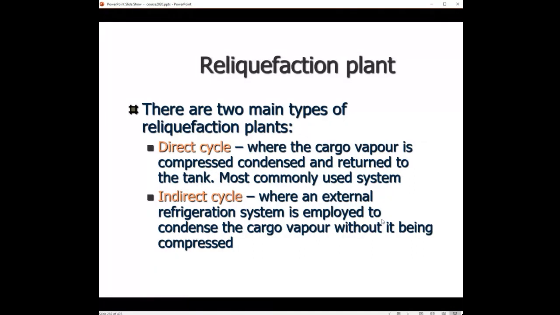Why this distinction between these two different circuits? Not every cargo is allowed for compression or for increase of temperature. VCM, for example, will polymerize at plus 60 degrees Celsius. If you compress the vapors, you will reach a temperature above 60 degrees Celsius, so you will have polymerization. And then VCM, vinyl chloride monomer, will become PVC.